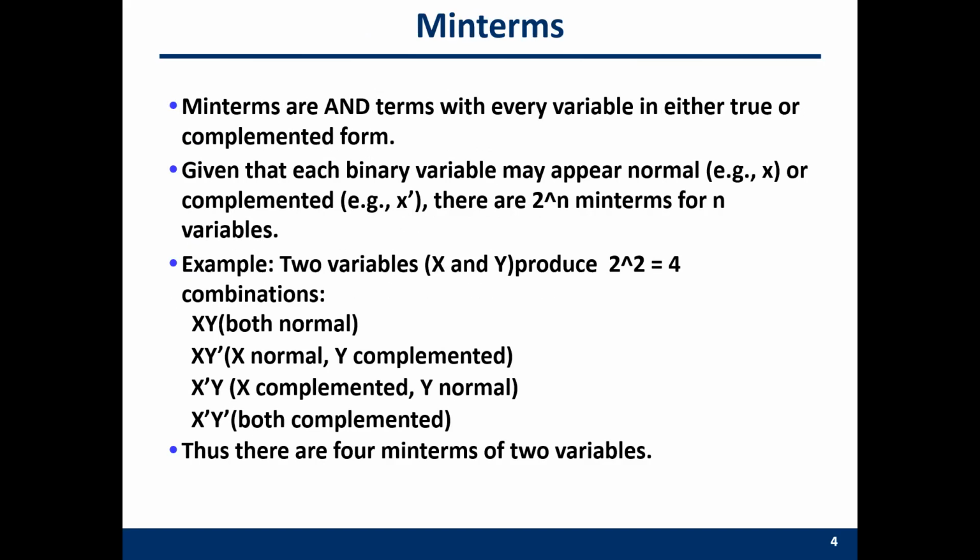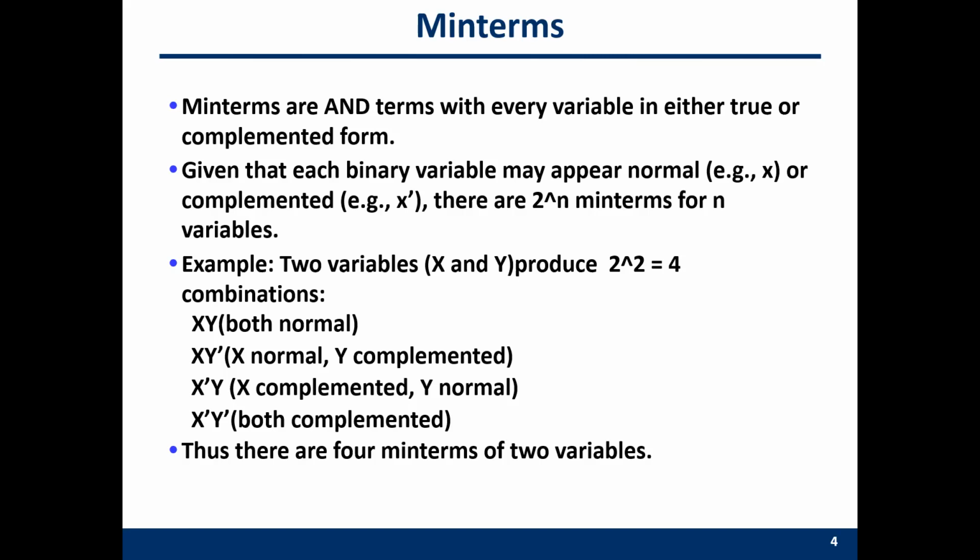So the minterm is also called the standard product. Minterms are the AND terms with every variable in either true or complemented form. So if one variable is false, then you can write it in the complemented form.